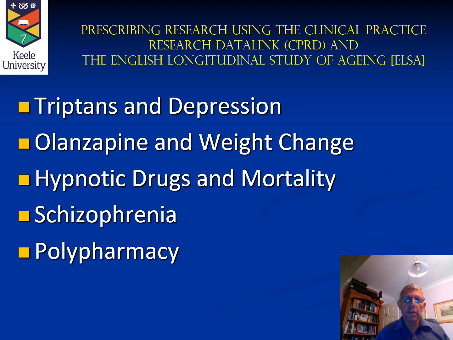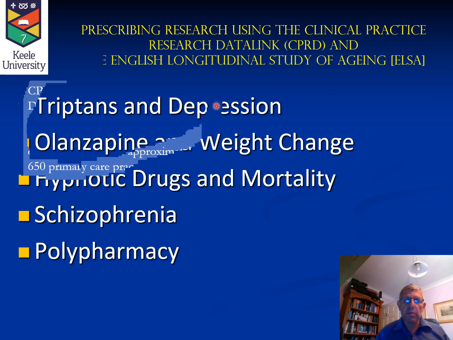First of all, we're going to look at the Clinical Practice Research Data Link. This is managed by the Department of Health and it contains over 5 million active patient records and 30 million overall, drawn from approximately 600 primary care practices in the UK.